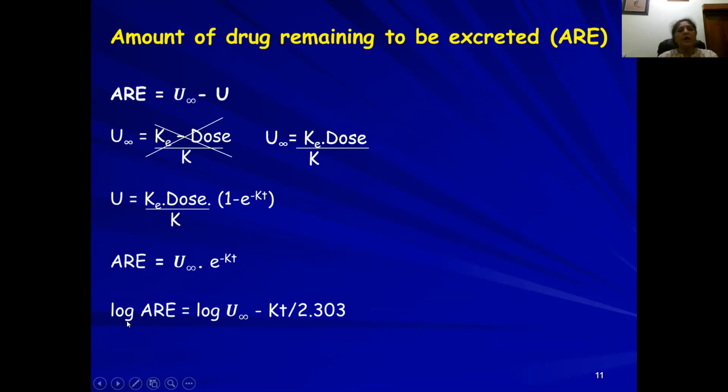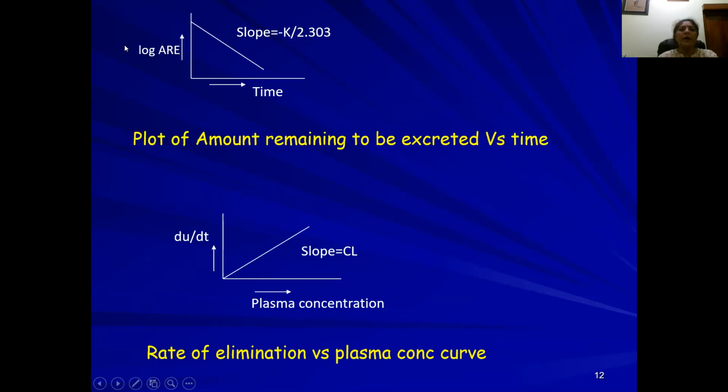Taking log of this, log ARE is equal to log U infinity minus Kt divided by 2.303. When we plot a graph of log ARE on the y-axis versus time on the x-axis, we get a straight line, slope of which is equal to minus K divided by 2.303. Now, if we plot a graph of dU by dt versus plasma concentration, we get a straight line, slope of which is equal to clearance, that is Cl.